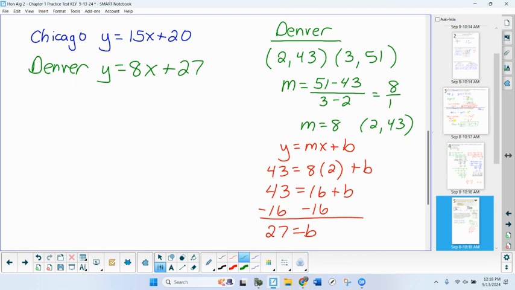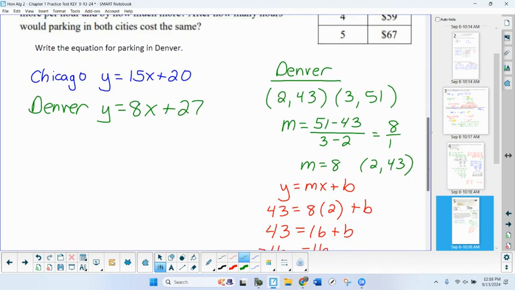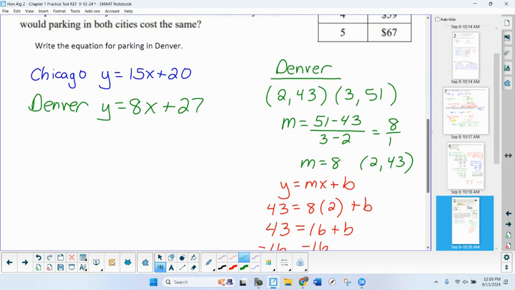So now, everybody, who charges more per hour? It asked you who charges more per hour. Make sure you read. Which city garage charges more per hour? Well, how much does Chicago charge per hour? 15, plus $20 up front. How much does Denver charge per hour? 8. So who charges more per hour? Chicago charges more per hour.